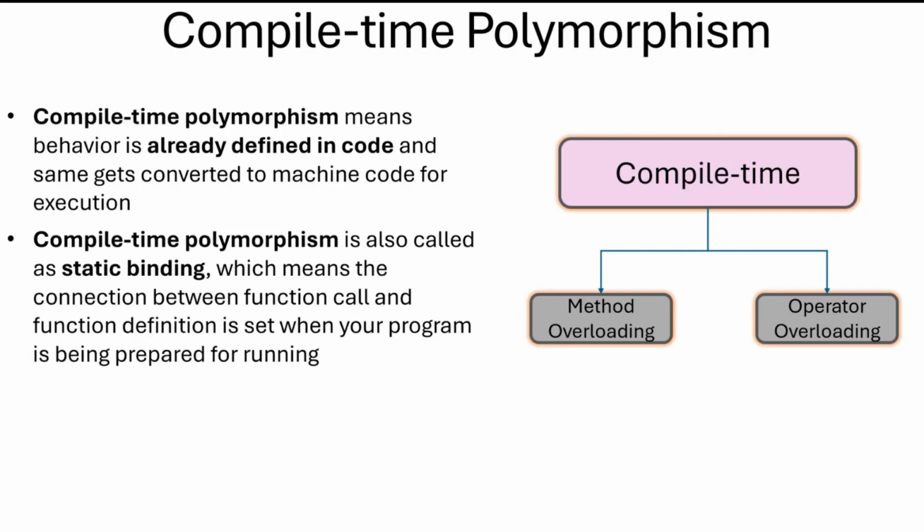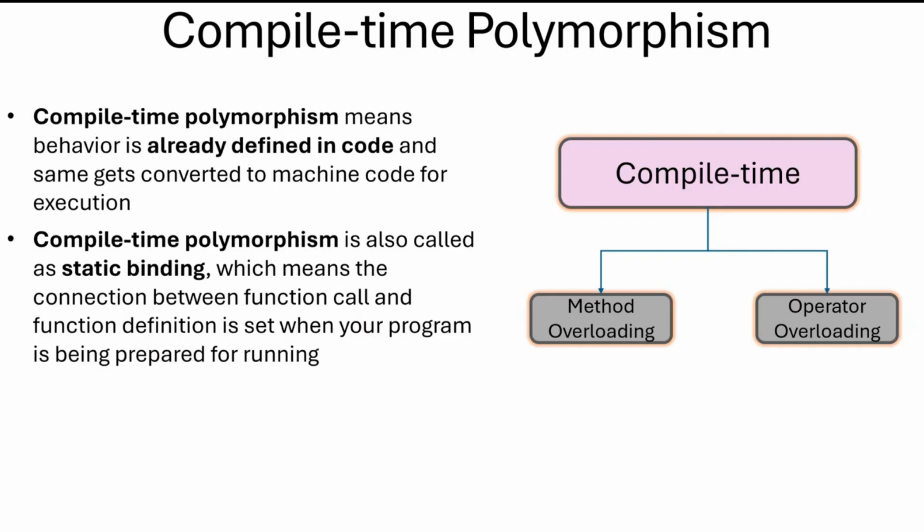And the function call logic, basically the connection between the function call or the interface call and the definition of that interface, is set when the program is being prepared for running. So the compiler is already aware of whatever function call or interface call is happening in the code, which behavior it is connecting to.